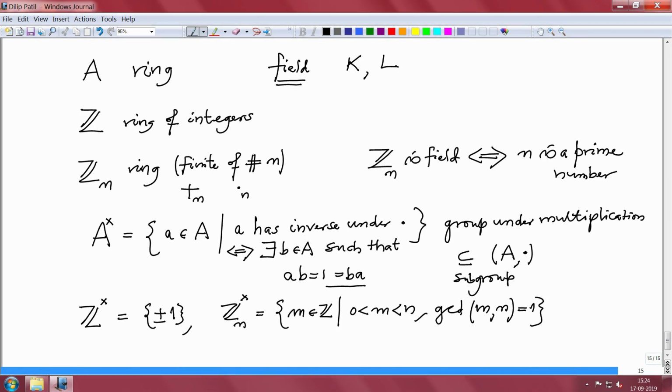This group is called the unit group of A. The smaller the group is, the more difficulties we will have in studying equations.